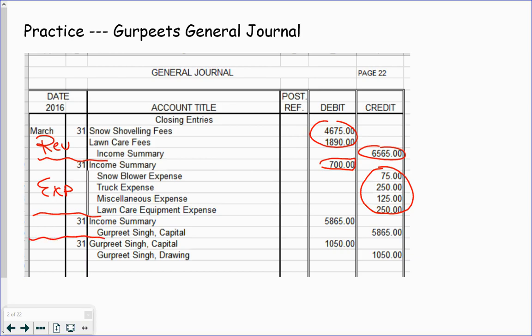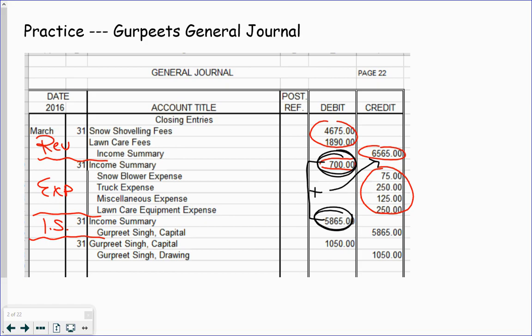Then we closed income summary. So how you do this is you can see that income summary has a credit of 6565 and a debit of 700. So I have to debit 5865 because that has to total that, right? Because I have to close them off.